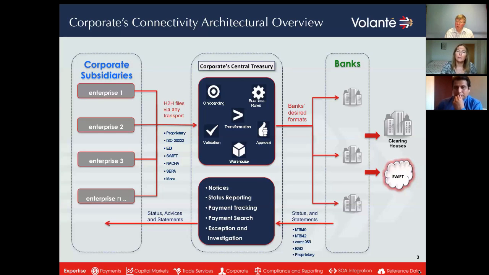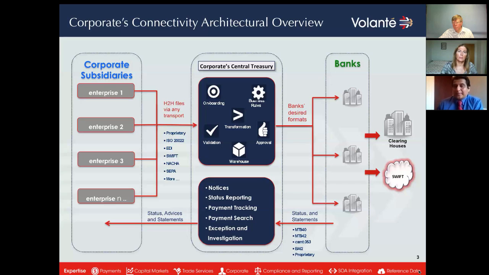What type of company? What scale of operation? We are actively talking to one major Swiss company which has about 90 enterprise systems across the globe and about 300 or so banking relationships.